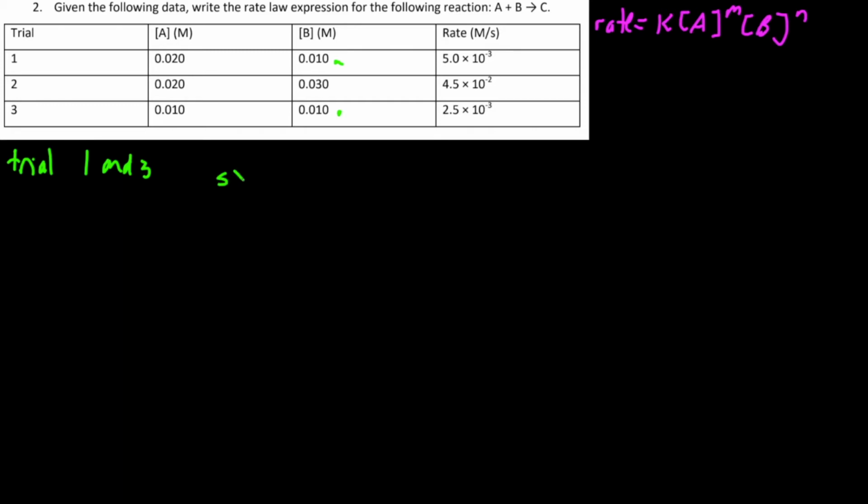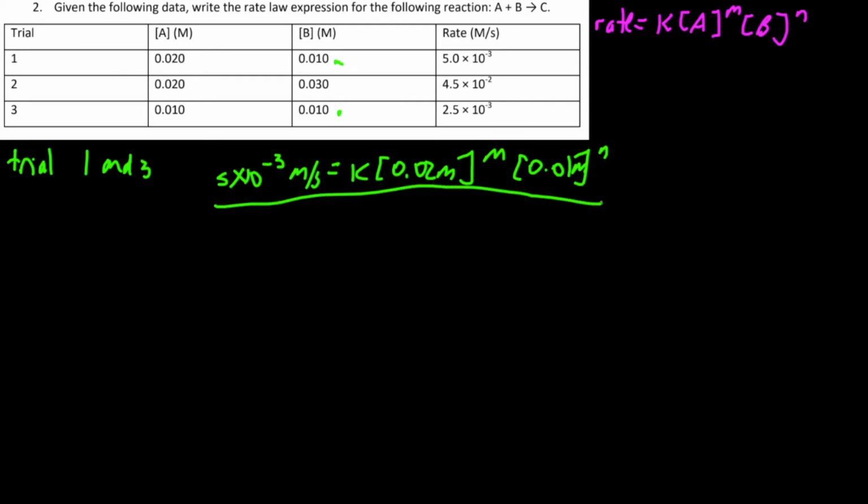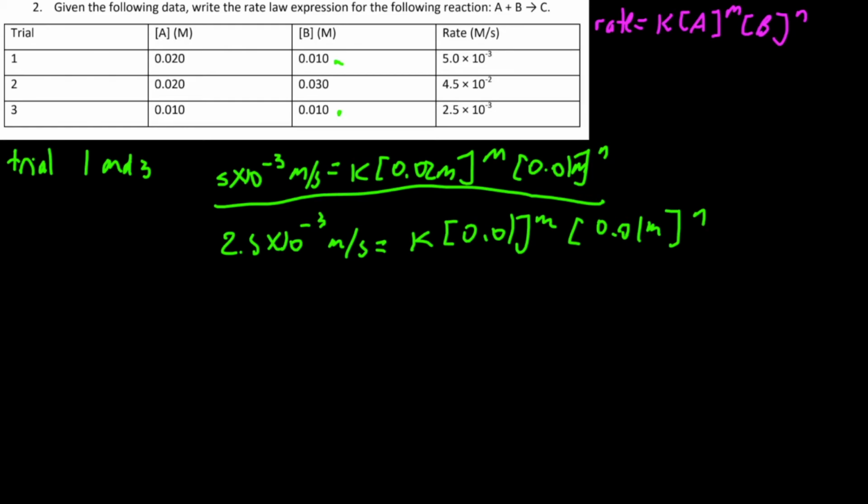So writing down trial 1, so 5 times 10 to the negative 3 molar per second equals K, 0.02 molar for A to the M, 0.01 molar to the N. All of this is over 2.5 times 10 to the negative 3 molar per second equals K, 0.01 molar and 0.01 molar to the N. Now from here, the K's will cancel out when you divide it, and the 0.01 to the N, 0.01 to the N will cancel out.